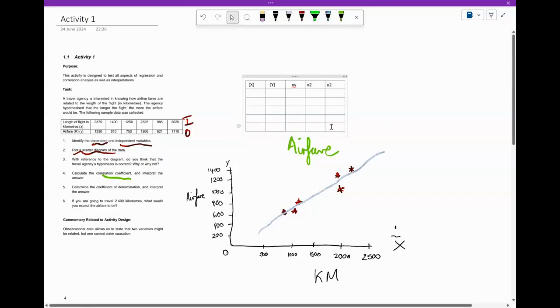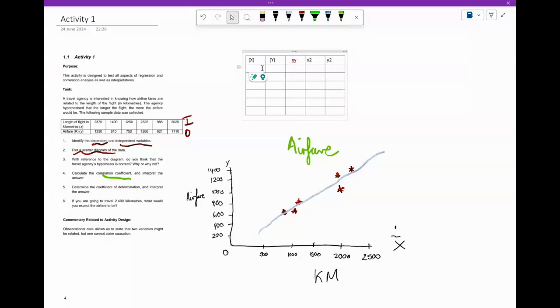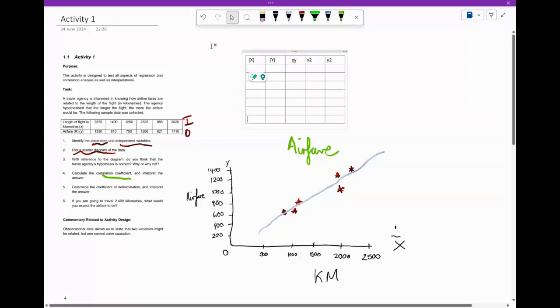Because in the test or exam, chances are you're going to need to do that calculation. So you then have to put in all your x values there, and then also get the sum of each of those columns.